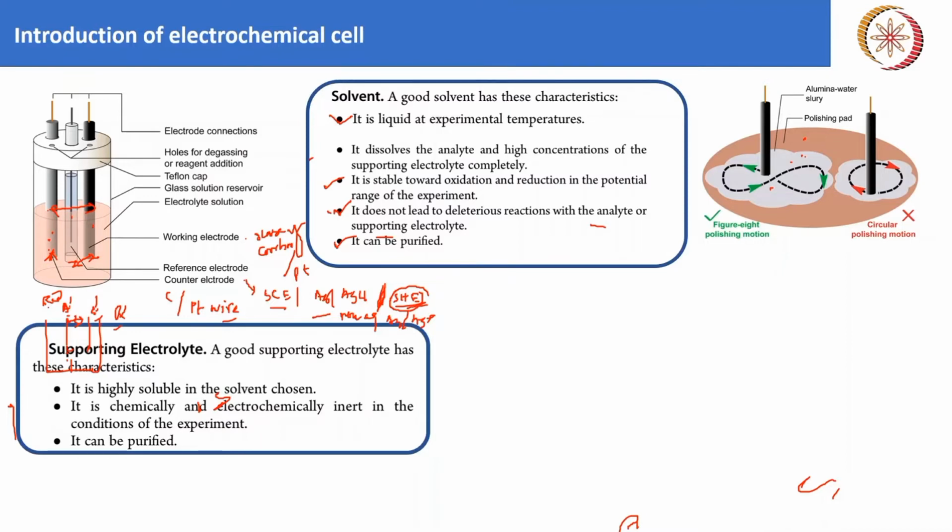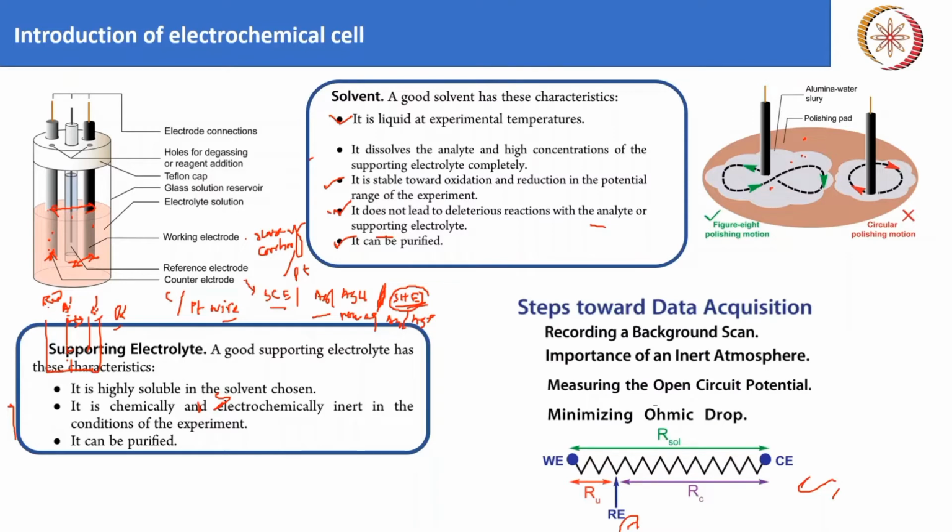Now the question is what steps we can follow to acquire the data when you are doing an experiment in your laboratory. The first thing is recording the background scan. As we have already discussed, suppose you are using some solvent and you want to see the redox peak of some analyte.